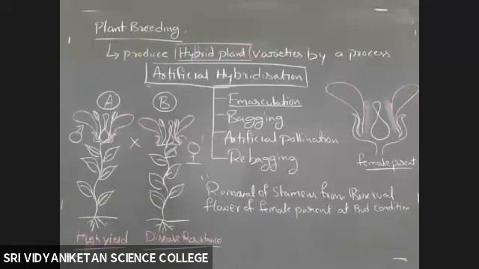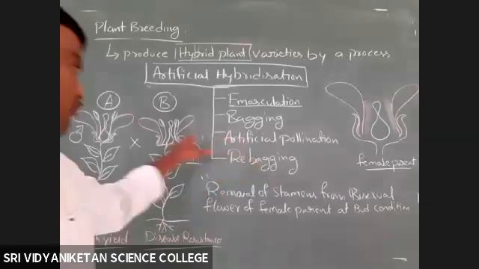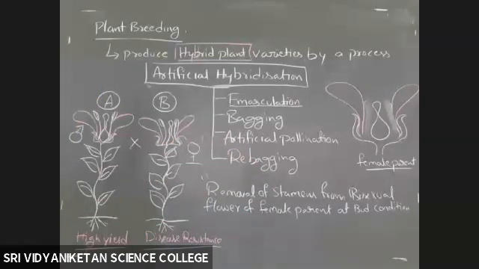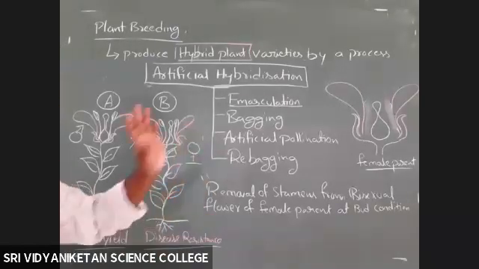Both plants, A and B, are the same species. We selected 2 characters that we are trying to combine. So what is emasculation? Removal of stamens from the bisexual flower of the female parent at bud condition before opening of the flower is referred to as emasculation.